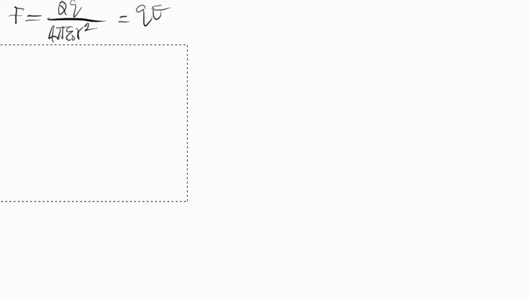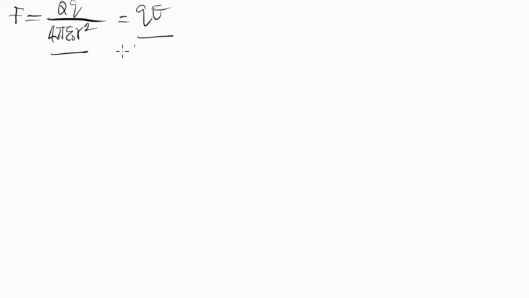So now we are going to equate these two. So this is L and this is also L. So it means that this is equal to this. So when we get this down, let's say Q times E is equal to Q times Q over 4 pi E naught R squared.